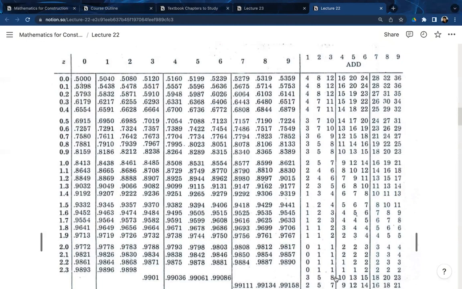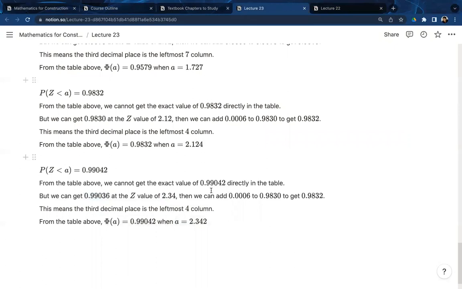The 8 is too big, too far away. So you'll go with the 5. Right? So we could add 6 to 99036 to get 99042.